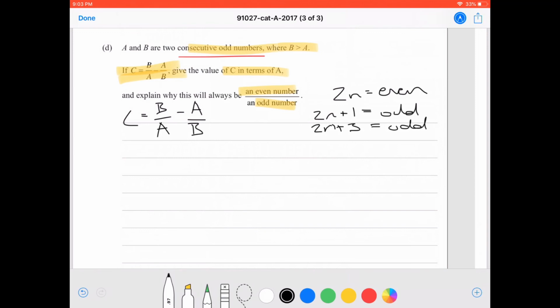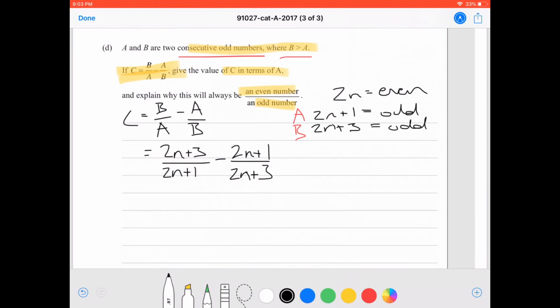Well, let's plug it into our equation. So B is greater than A, which means this is A and this is B. So let's say 2n plus 3 over 2n plus 1 minus 2n plus 1 over 2n plus 3.